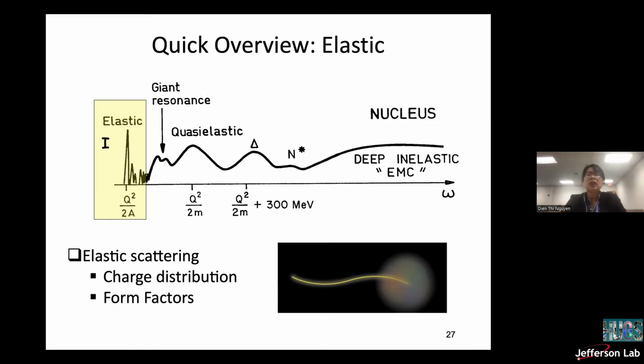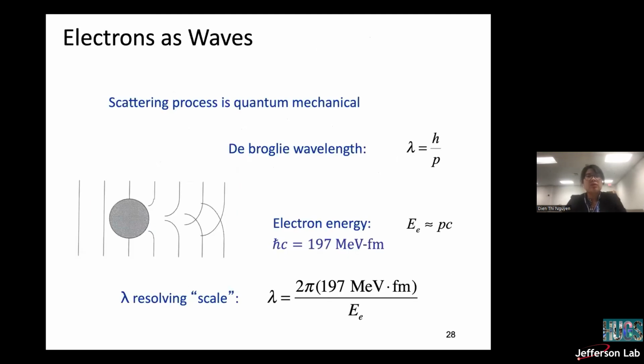Okay. So this is a very high momentum, high energy electron, very relativistic, but it has some connection to the classical picture. I think you learned a lot about the classical picture in undergrad as well. We think of the electron not just as a particle, but also as a wave, right?